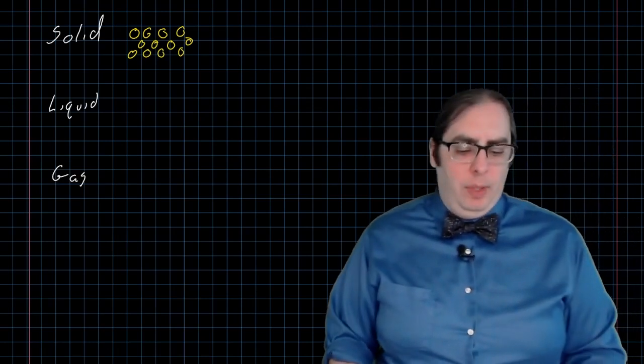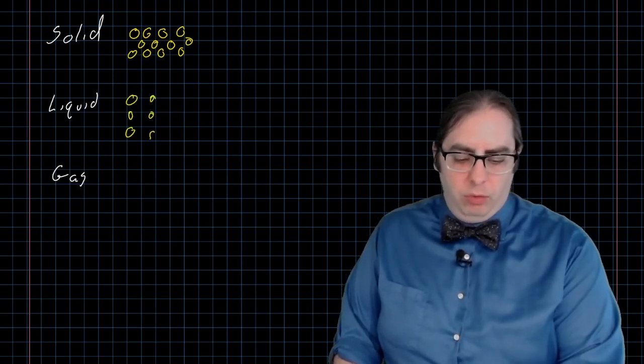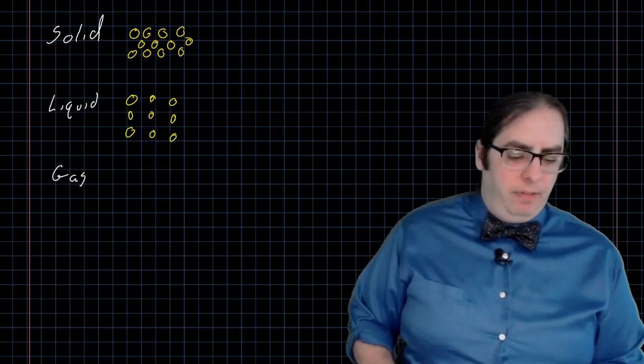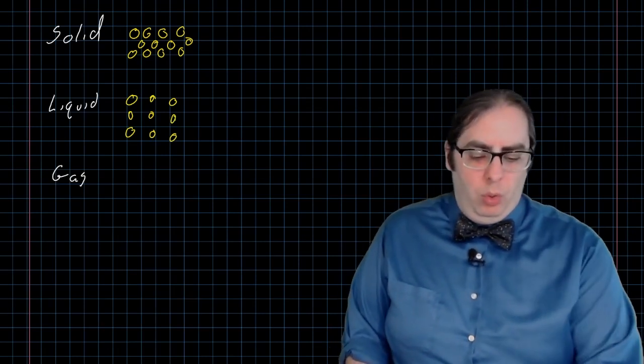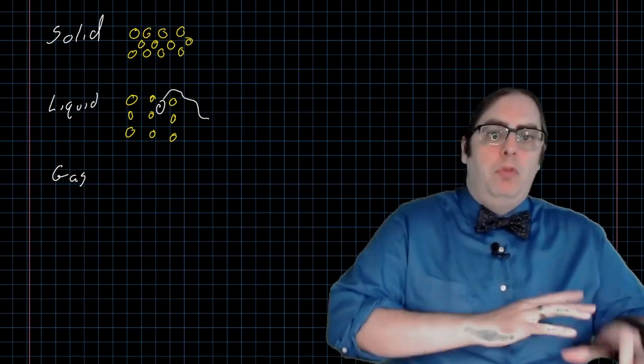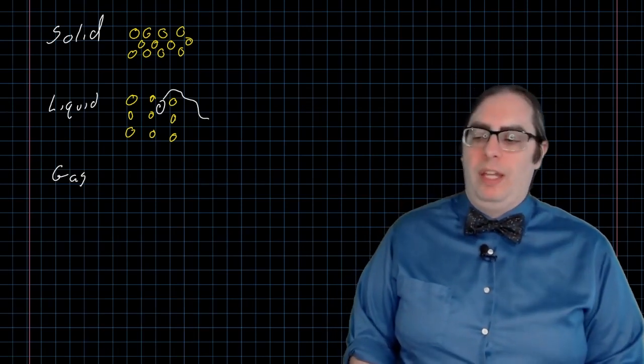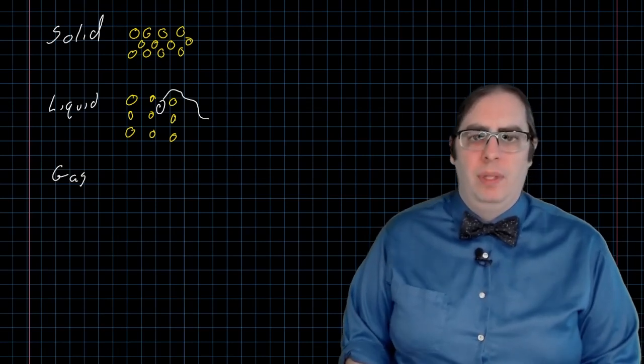In a liquid, the molecules or the atoms are still fairly closely spaced, but they have a little bit of flexibility. So one atom or one molecule might move around within the material, where that doesn't happen in a solid.